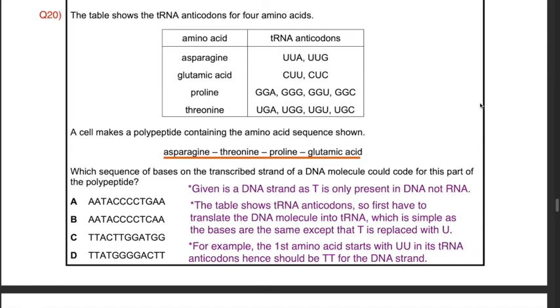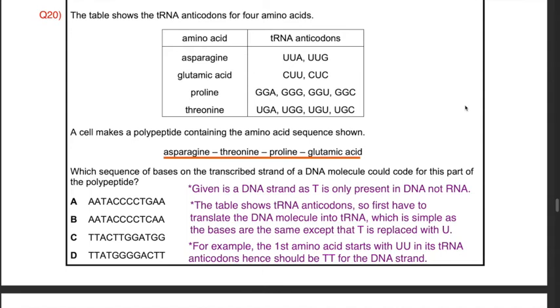So wherever there is T present in this given DNA molecule, you convert it into U and then you group it into 3 bases, because a codon or an anticodon is equal to 3 bases, and then you check whether you get the following amino acid sequence. For example, the first amino acid, that is asparagine, starts with UU in its tRNA anticodons. If you look at the table, tRNA anticodons for amino acid asparagine is UU in both the anticodons, hence it should be TT for the DNA strand, therefore either being C or D. Next comes threonine.